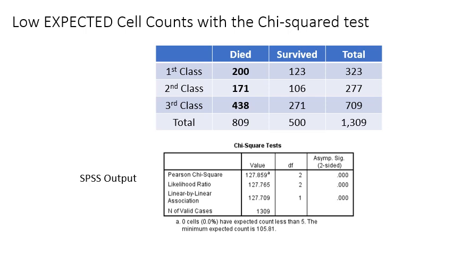So there are 0 cells with expected counts less than 5.